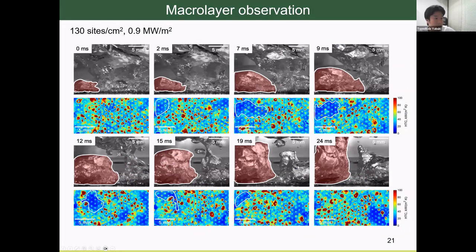And this is the result for larger nucleation site density. We have here a microlayer under this large porous bubble. And then this microlayer disappears here as this mushroom bubble detaches from the wall. At this time, we can see another microlayer here beneath this large porous bubble.